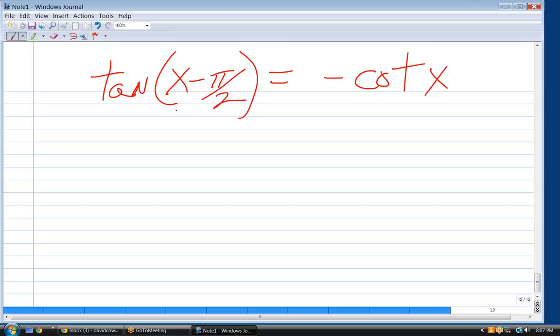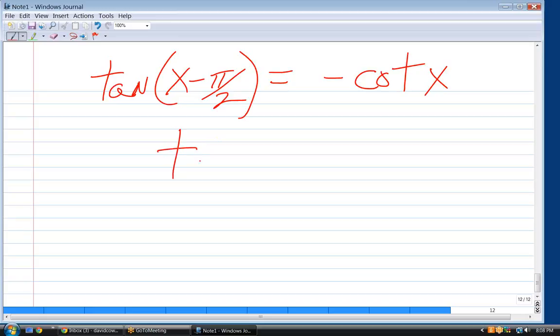Now, you might think that we want to use the sum and difference formula, but not really. What we want to use here is the cofunction identities, just because it's easier. We might be able to get there with the sum and difference, but we can definitely get there very quickly with the cofunction identities.